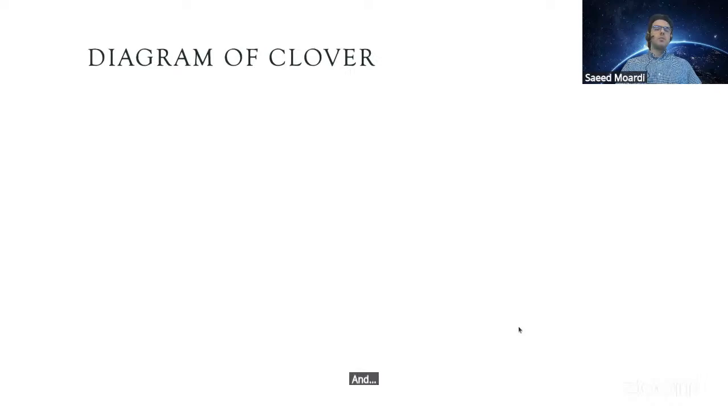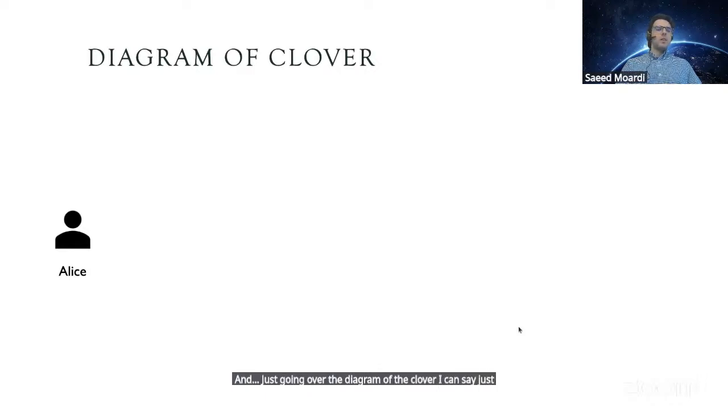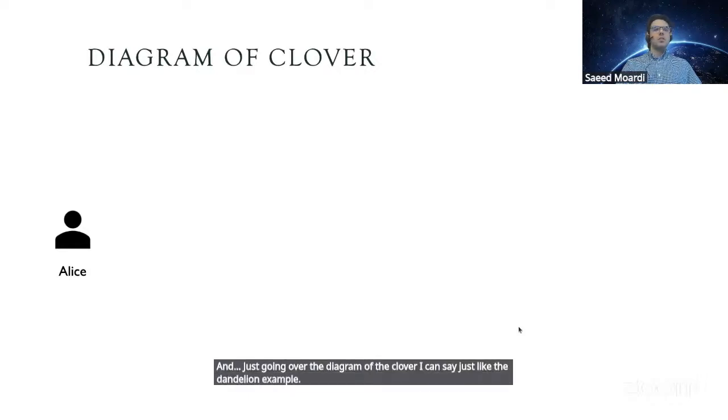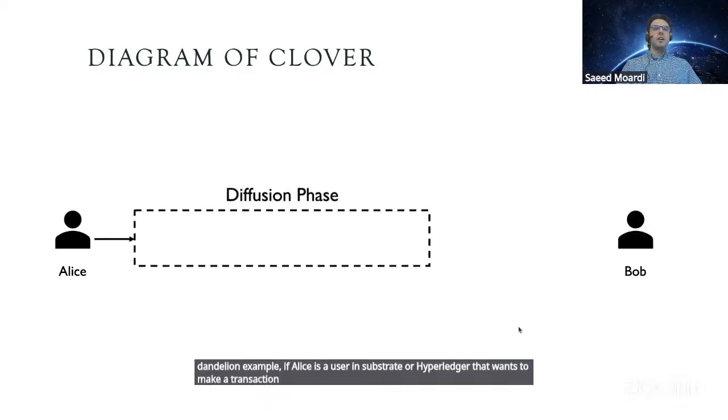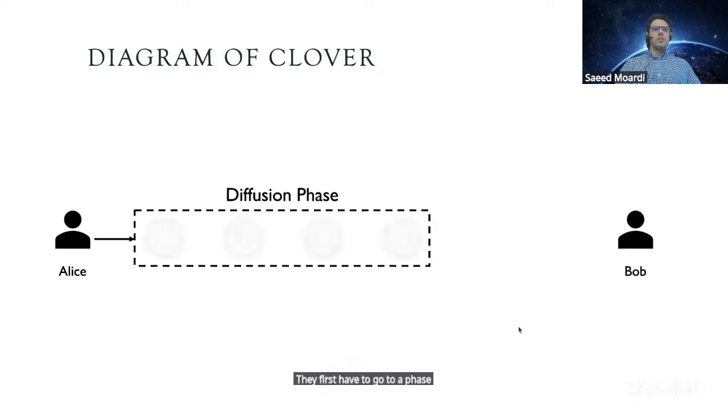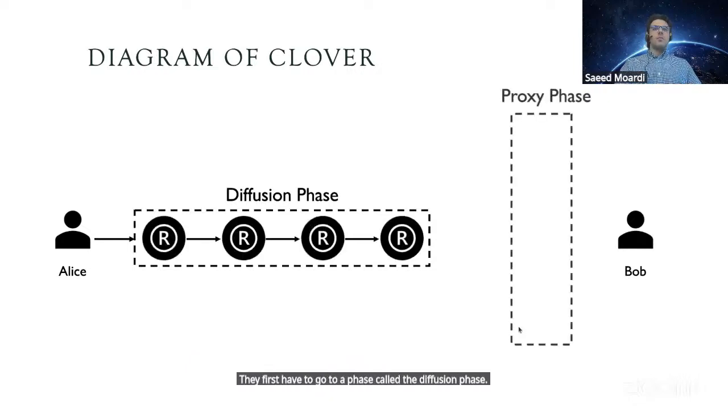Just going over the diagram of Clover, just like the Dandelion example, if Alice is a user in Substrate or Hyperledger that wants to make a transaction to Bob on the other side, they first have to go to a phase called the diffusion phase. And I think this is reversed, yeah.